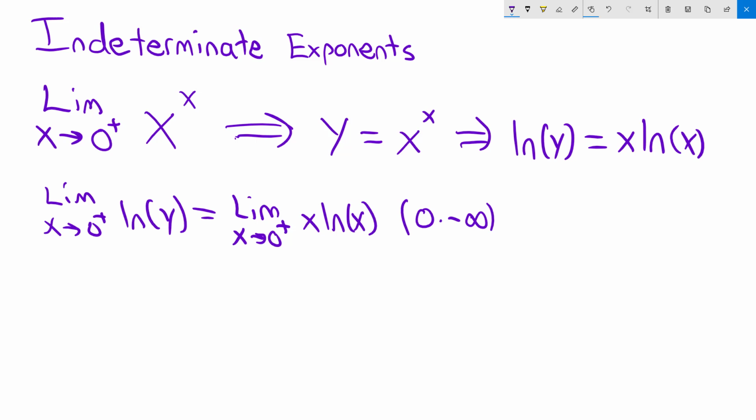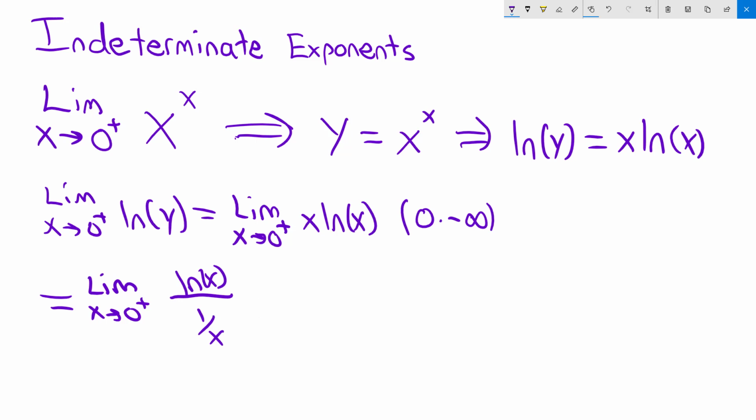Just like products before, now we choose to rewrite this into a fractional form. If we recall from what we did before, we let 1 over x be our reciprocal function in the denominator, and we left natural log of x alone in the numerator. And this was still an infinity divided by infinity indeterminate form.